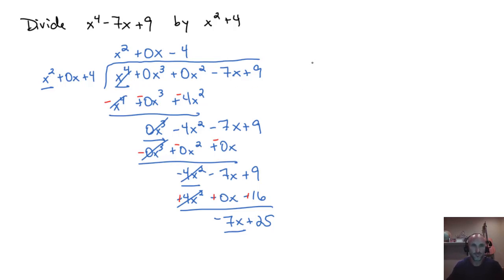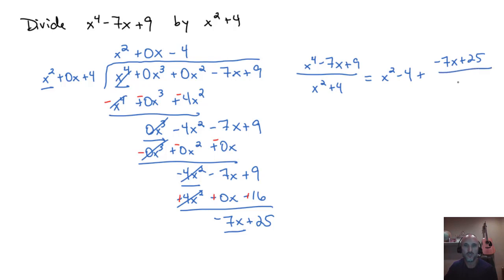So x to the 4th minus 7x plus 9 divided by x squared plus 4 is x squared minus 4 as our quotient. That threw me off because it was so similar to the divisor. But our quotient is x squared minus 4 plus the remainder, negative 7x plus 25, over the divisor, x squared plus 4.